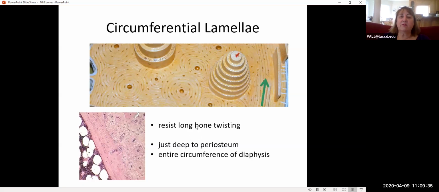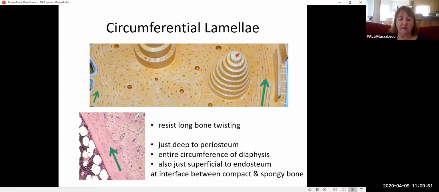Okay. So circumferential lamellae are deep to the periosteum for the entire circumference of the diaphysis, and they are also just superficial to the endosteum at the compact bone spongy bone interface.